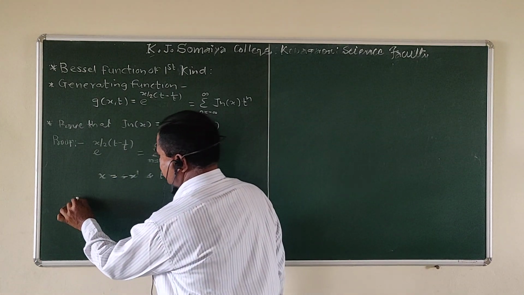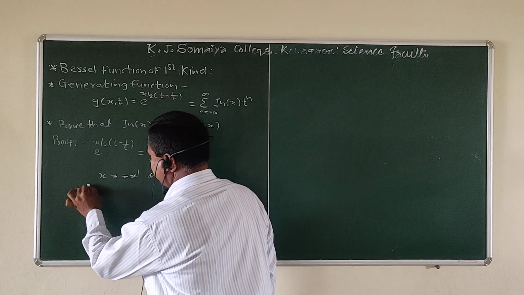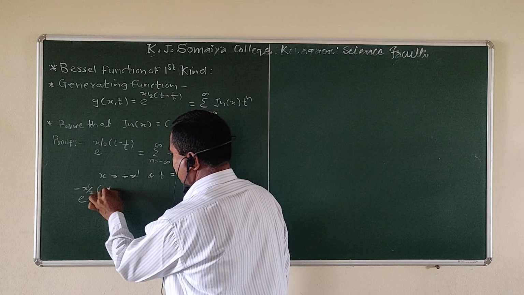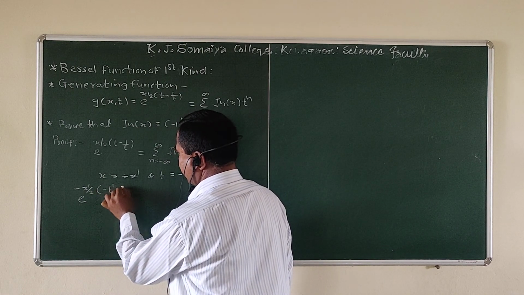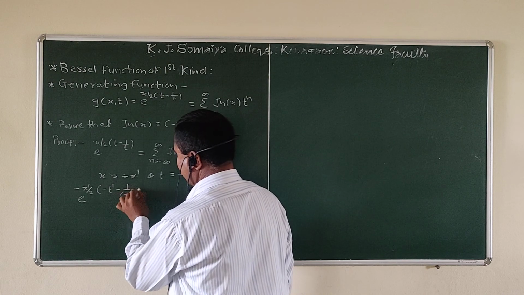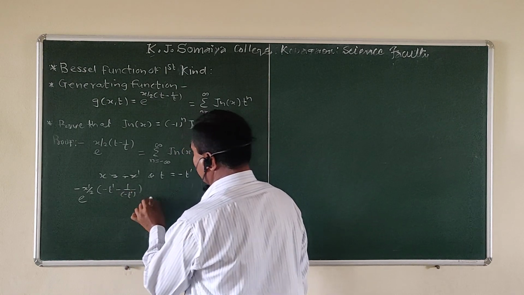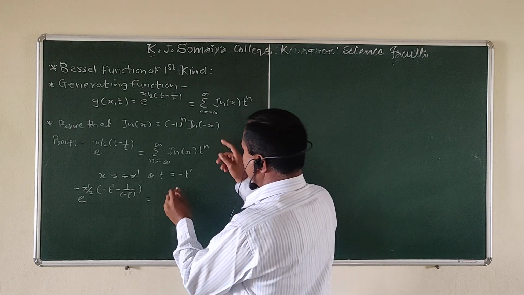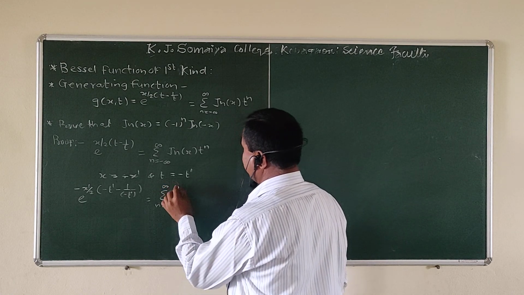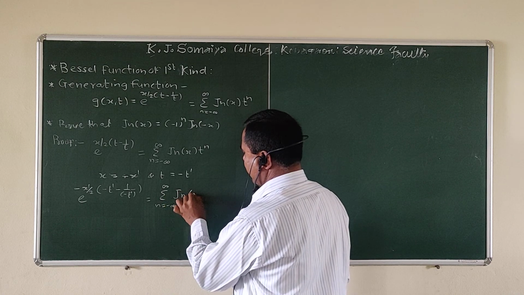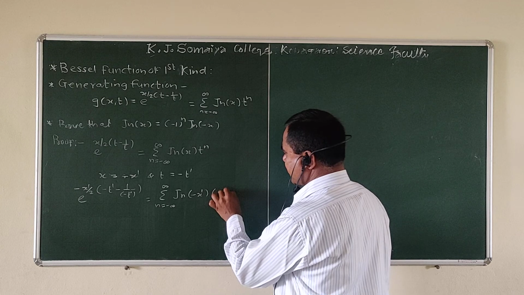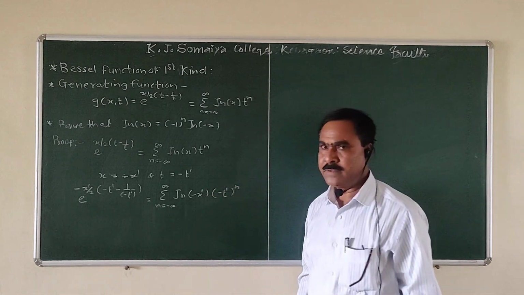So the equation becomes e^{(-x'/2)(-t' - 1/(-t'))} = summation n from minus infinity to plus infinity J_n(-x') (-t')^n.